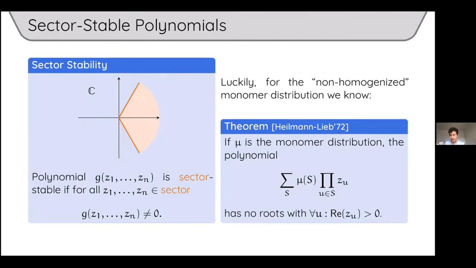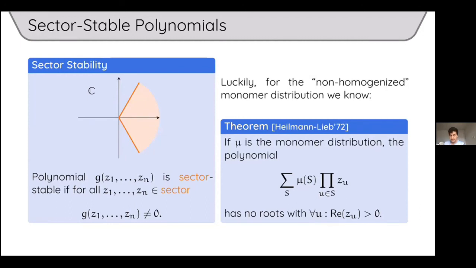So if you sum over all monomer sets, the weight of that monomer set times the variables z_u of the vertices inside the monomer set, this gives you a non-homogeneous polynomial. The degrees are just the size of the monomer set. This polynomial has this property that whenever you choose things from the right half plane, you don't get a zero.